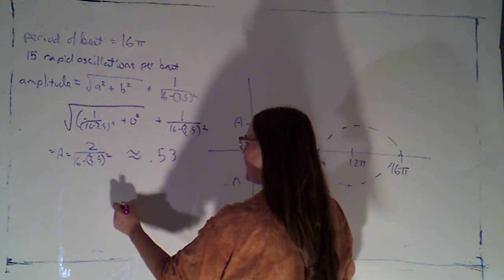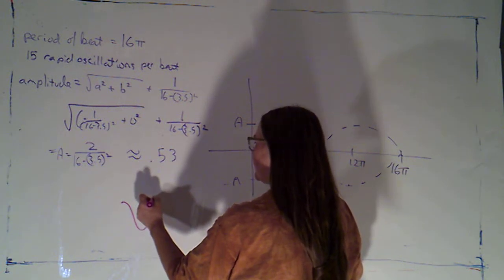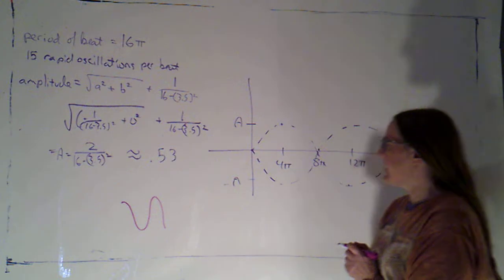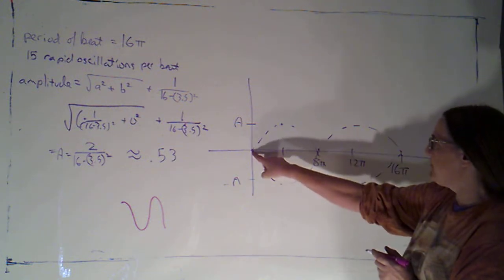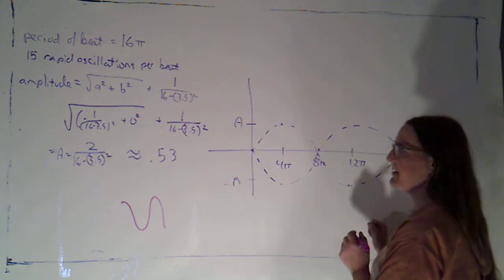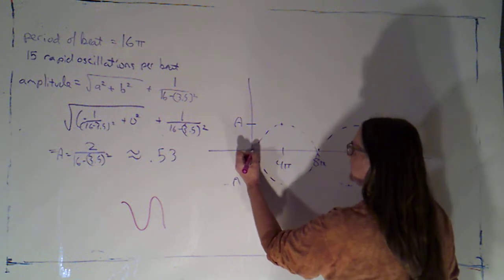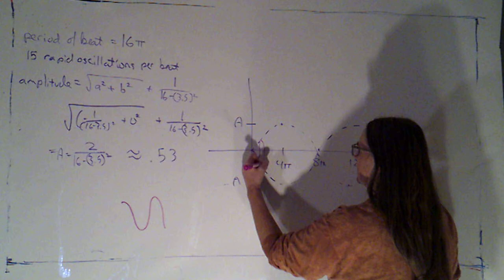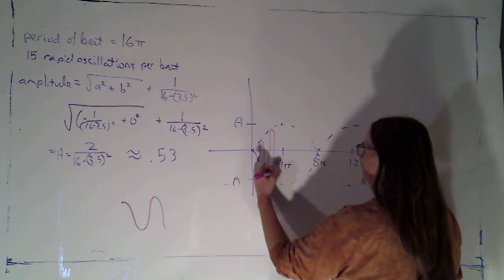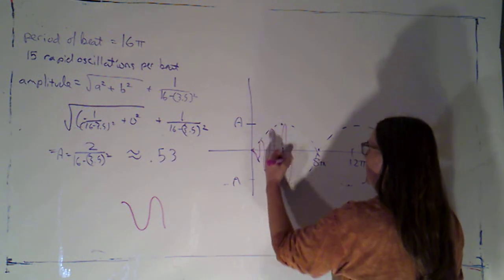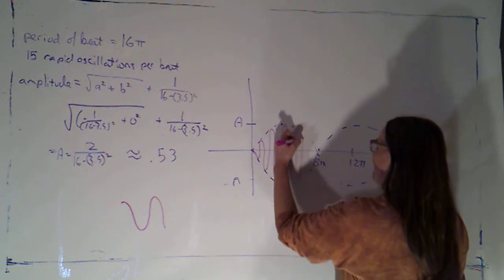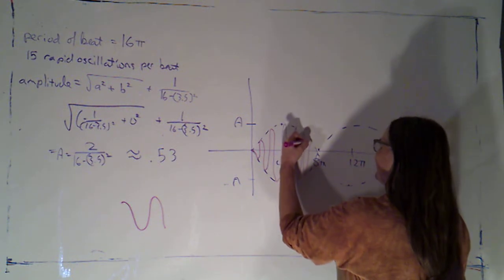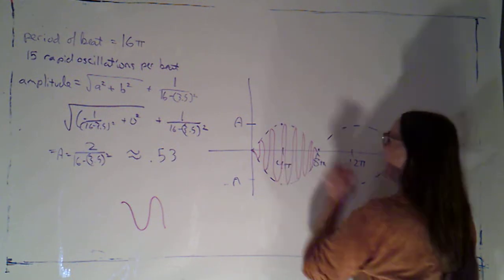So if I start at a high point, that's one oscillation. Half of an oscillation would be at a low point. So if I'm at a high point here, this is going to be a low point here. Okay. So let's see. 1, 2, 3, 4, 5, 6, 7.5.